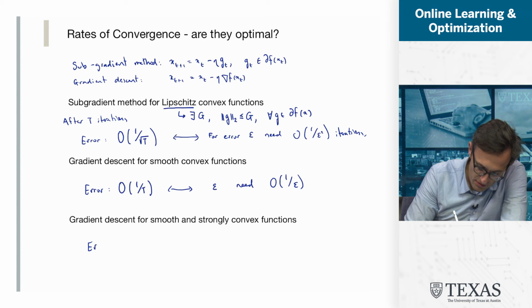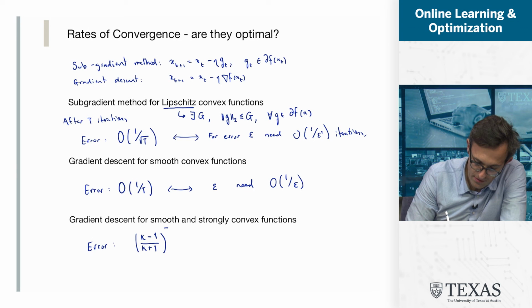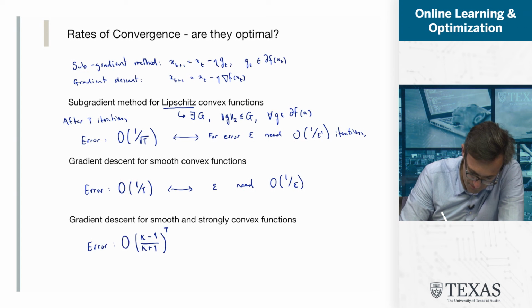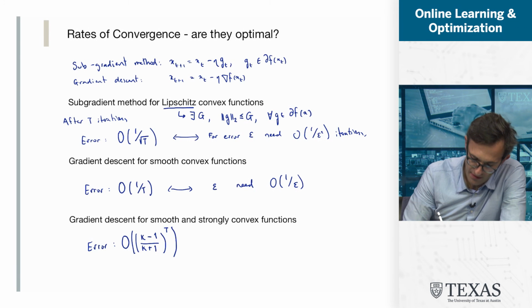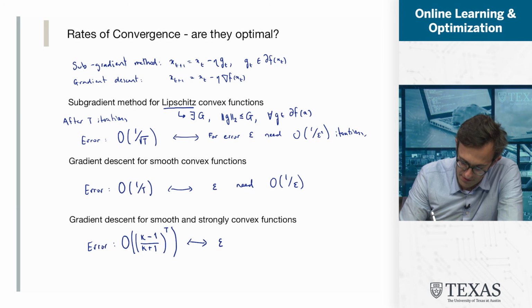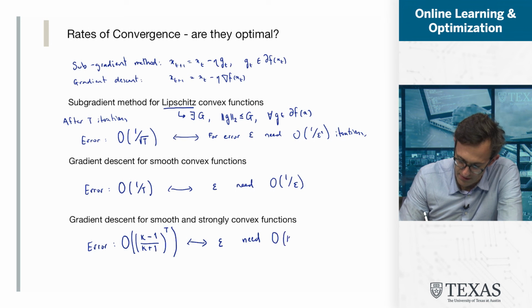We saw that our error after t iterations scales like (kappa minus 1) divided by (kappa plus 1), raised to the t, which is basically equivalent to, for error epsilon, needing something like kappa times log 1 over epsilon iterations.